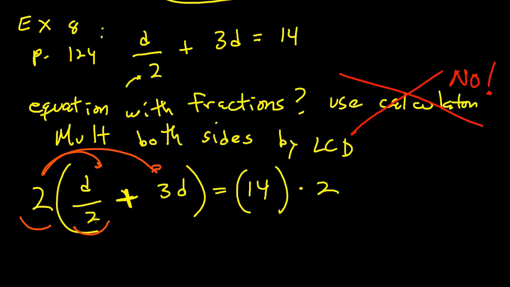The 2's will cross cancel, and I'm left with d. Plus 2 times 3d is 6d on the left-hand side. So I can free up those variables from parentheses by applying my distributive law. On the right-hand side, 14 times 2 is 28.